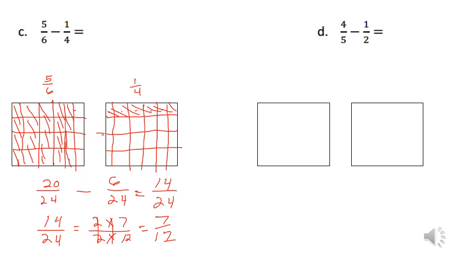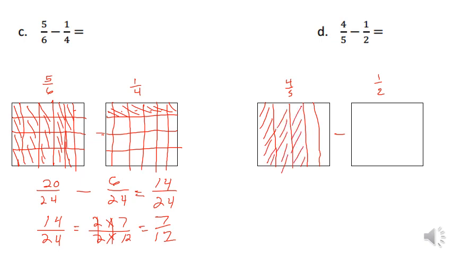On D, we have 4/5 subtracting 1/2. So we're going to split it up into fifths, and we're shading 4 of the 5. We're going to split this one in half. We're going to shade 1 of the 2.